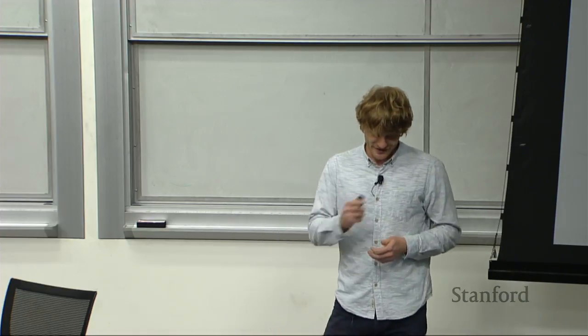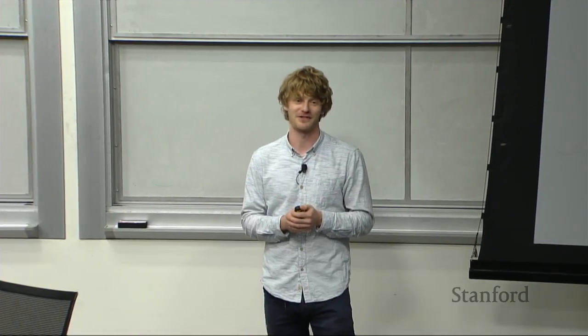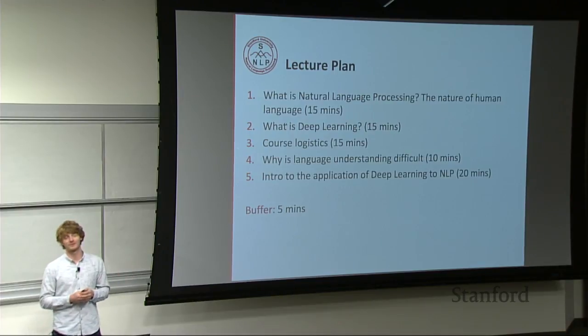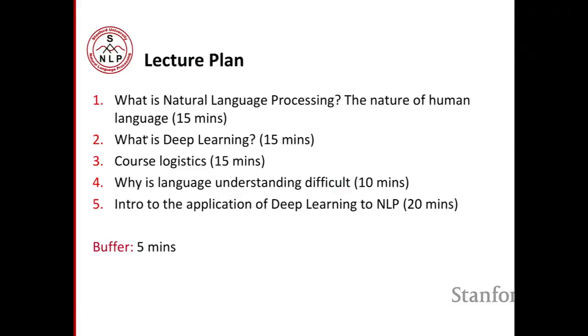And today we have a full program. It's going to be light. There's not going to be as much math as there will be in Thursday's lecture, but hopefully we'll get through a bunch of the logistics and motivate you to go through this class for the quarter. So we'll start a little bit by just talking about what NLP is and why language is kind of interesting and unique compared to other kinds of inputs that we might think about in AI, like computer vision or robotics.